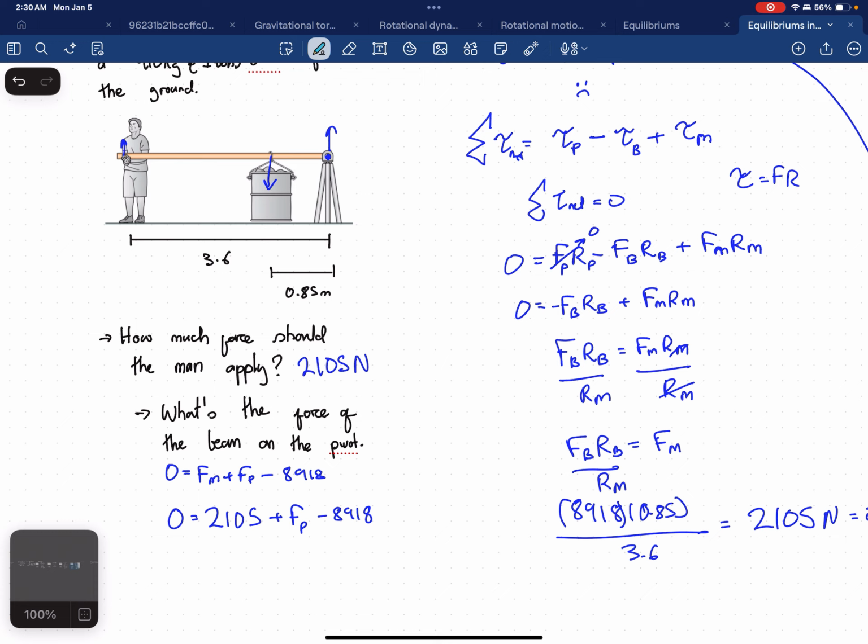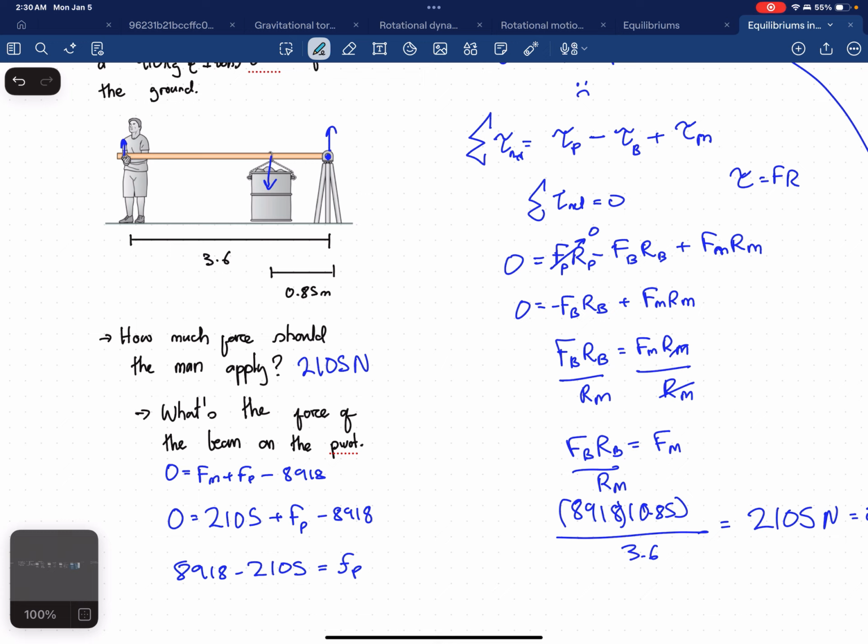Solving for F_P is an algebra problem. Take the 8918 across the equal sign, and I get F_P equal to 8918 minus 2105.